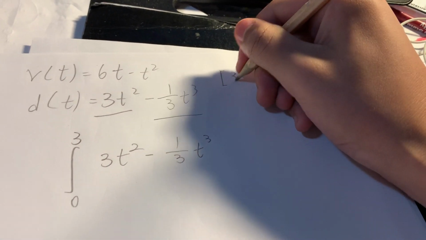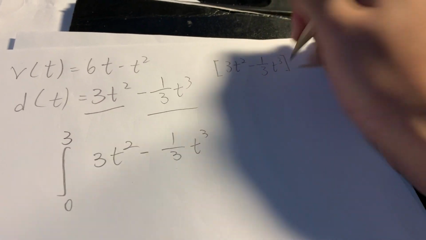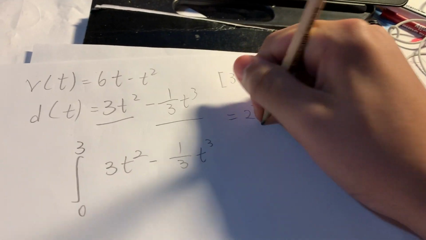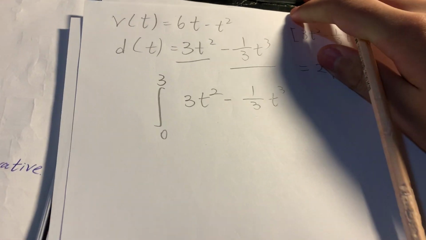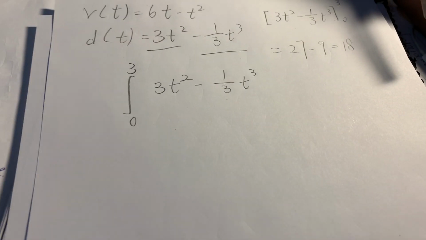We can use the fundamental theorem of calculus in this way. So it is equal to 27 minus 9, which equals 18. So in this case, 18, or D, is the correct answer.